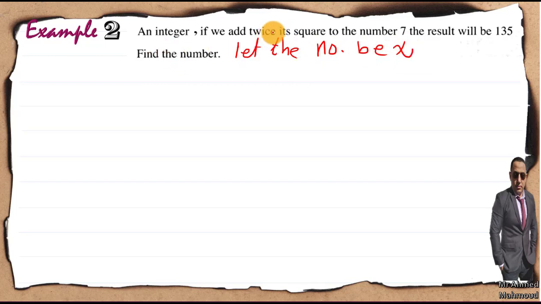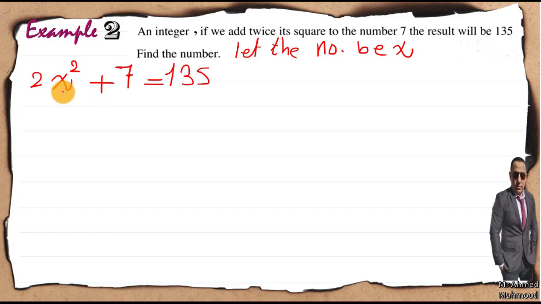Twice its square is 2 times x to the power of 2. Add to 7. Add means plus 7. The result will be equal to 135. Find the number.